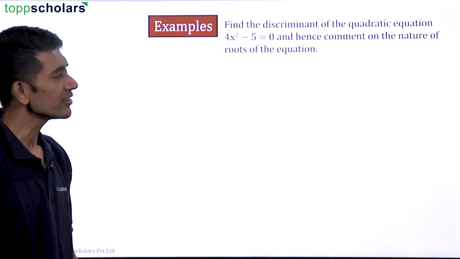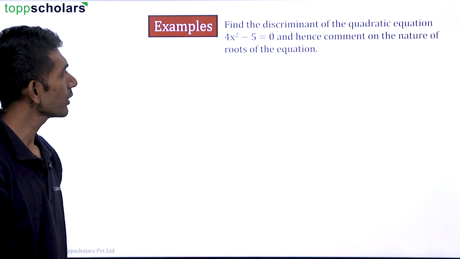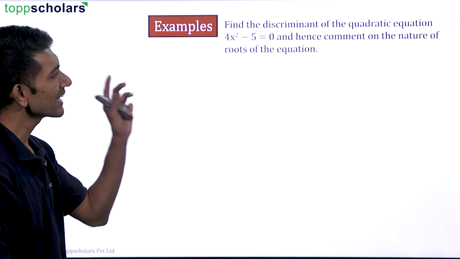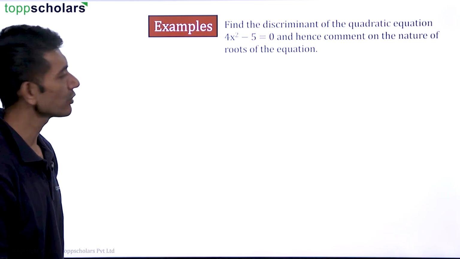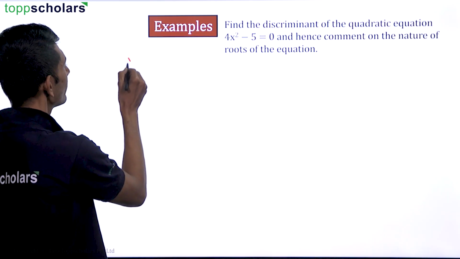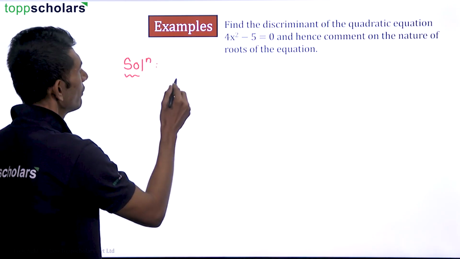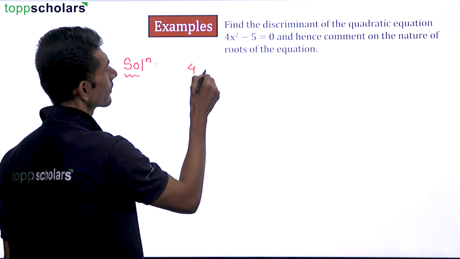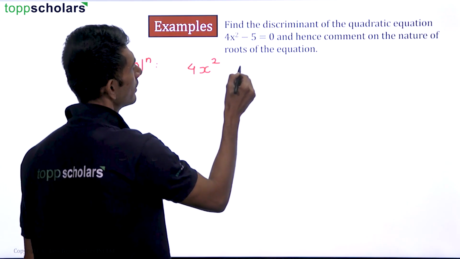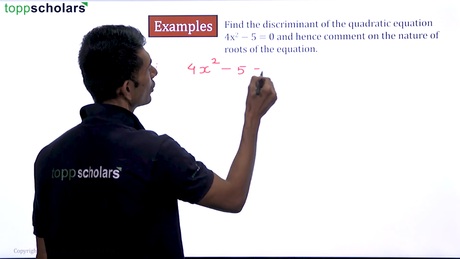The question says find the discriminant of the quadratic equation 4x square minus 5 is equal to 0 and hence comment on the nature of the roots of the equation. So what do we have? We already have 4x square minus 5 is equal to 0.